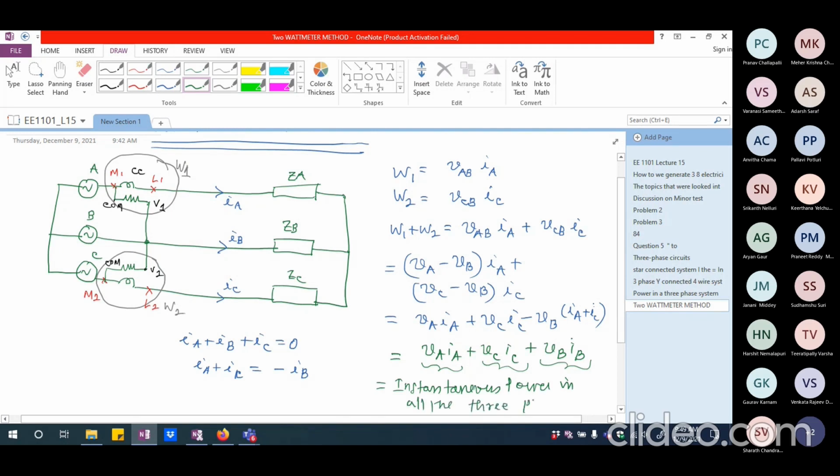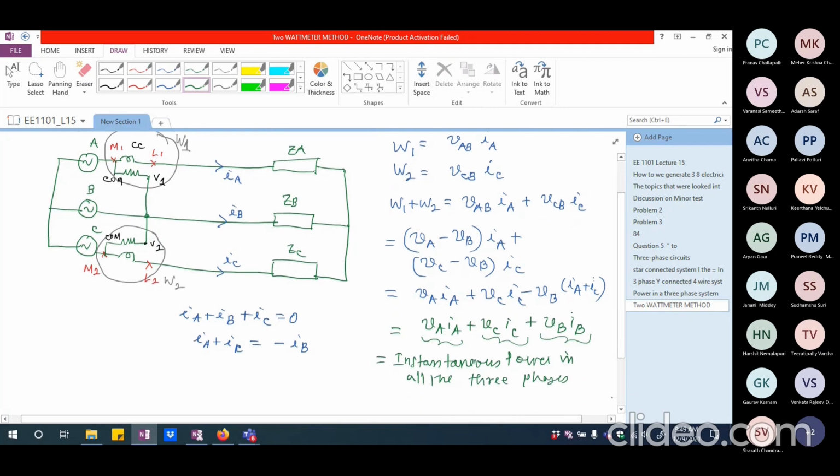So this is going to be the summation of all the 3-phase instantaneous powers, when I am summing up the wattmeter readings of W1 and W2. So this will be valid no matter what, whether the load is unbalanced or balanced, because IA plus IB plus IC equal to 0 has to be valid here because of Kirchhoff's current law. I can't help but agree with this. This has to be definitely valid.